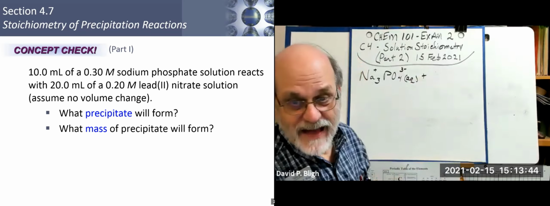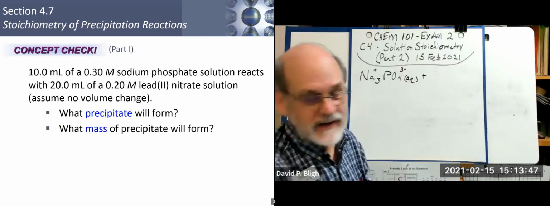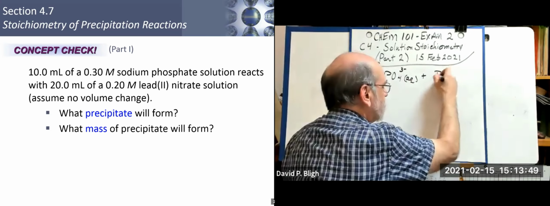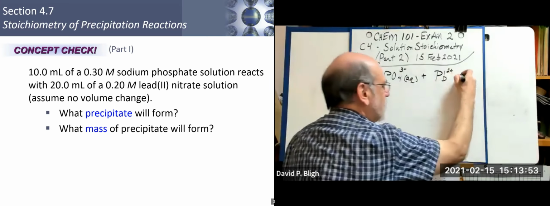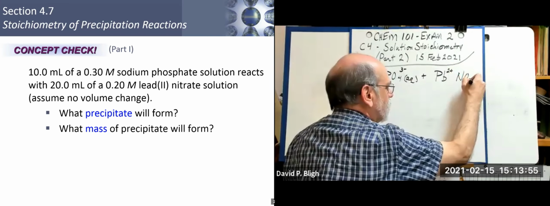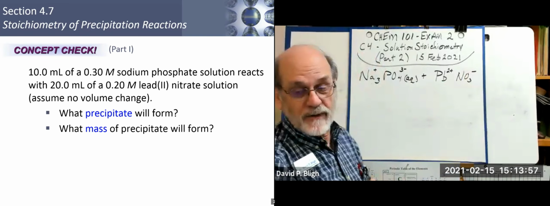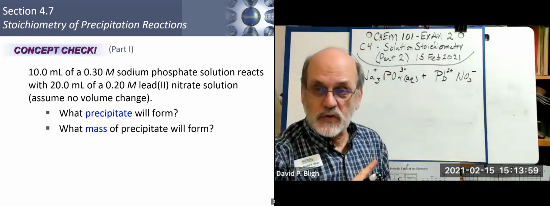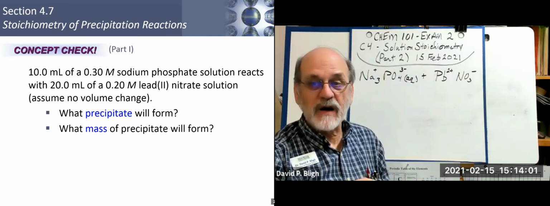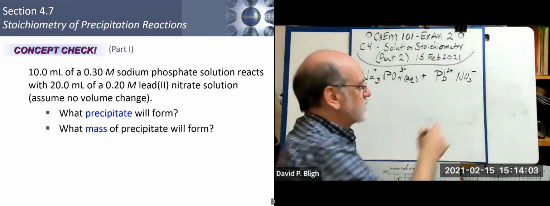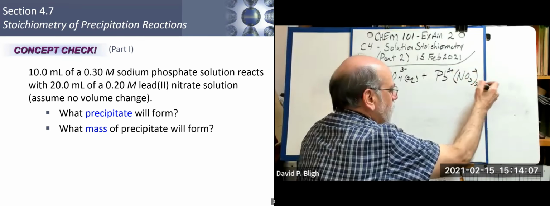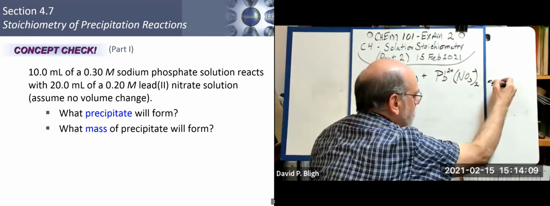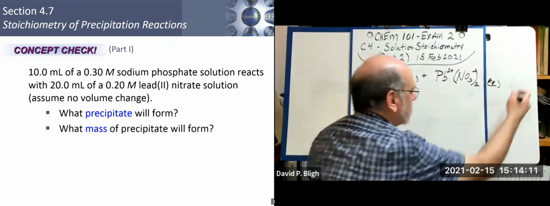And we're going to add to that lead 2 nitrate. Lead has a 2 plus charge, and nitrate has a 1 minus charge, which means we need 2 nitrates. That's a polyatomic ion. You can't break it up. Like that. Okay?